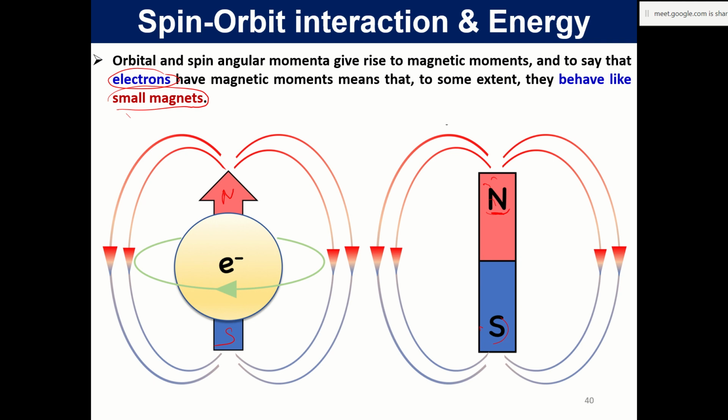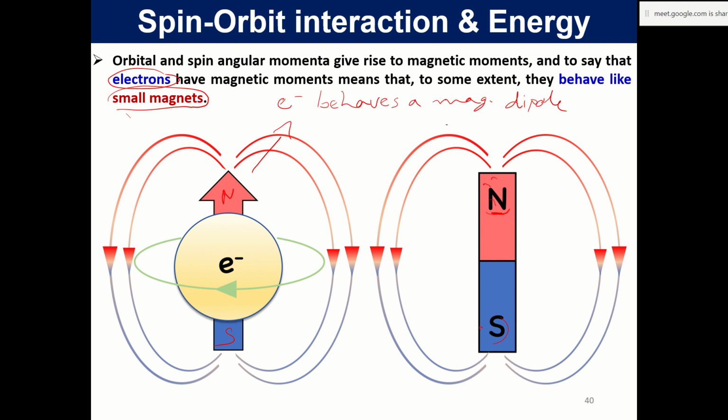An electron behaves as a magnetic dipole due to spin, and that is the origin of magnetic properties in a system.